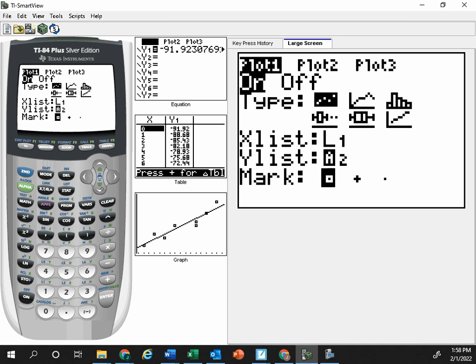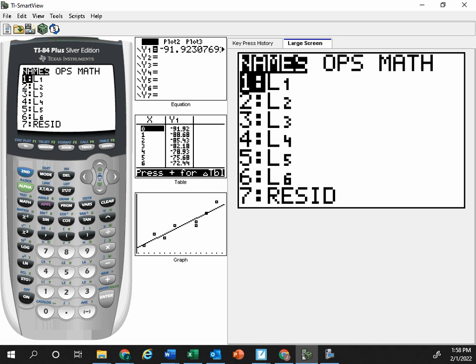But your Y list is going to be different, okay? We want it to actually say residual there. So we find that, do you see above stat where it says list in blue? That's where we need to go. So we're gonna push second stat. It's number 7 for me. It might be number 8 on your calculator though. We want resid, okay? That stands for residual. So just push the number or highlight that one. Again, it might not be 7 on yours.